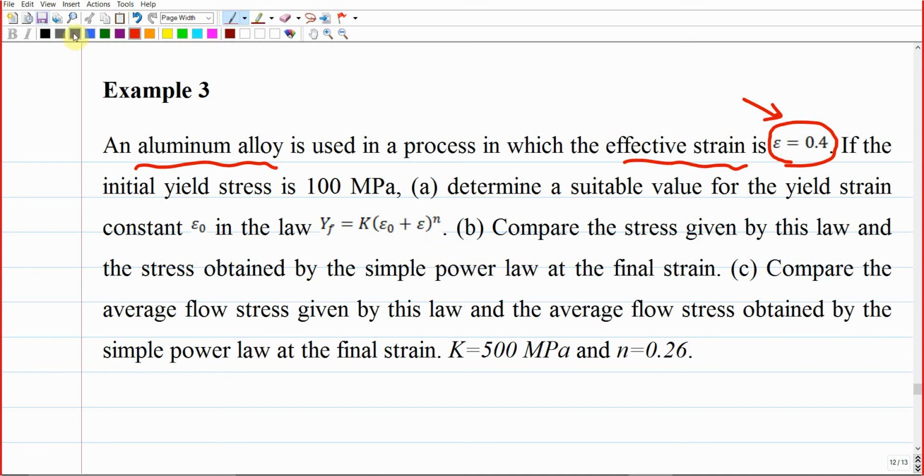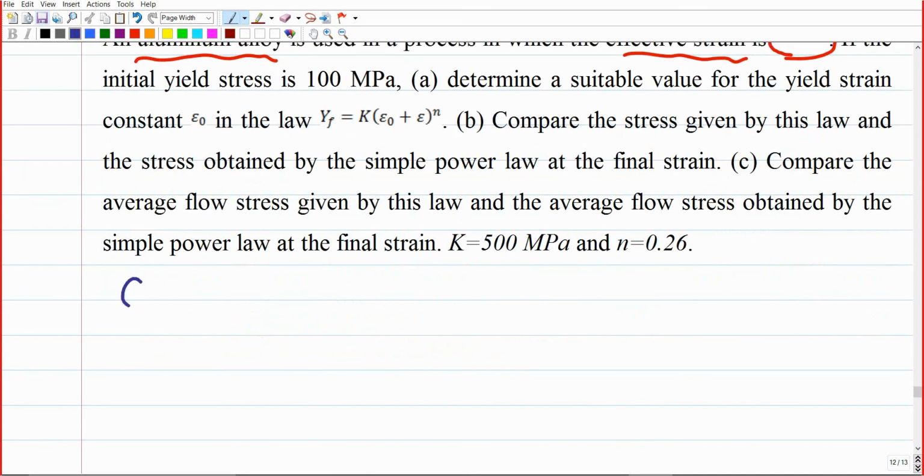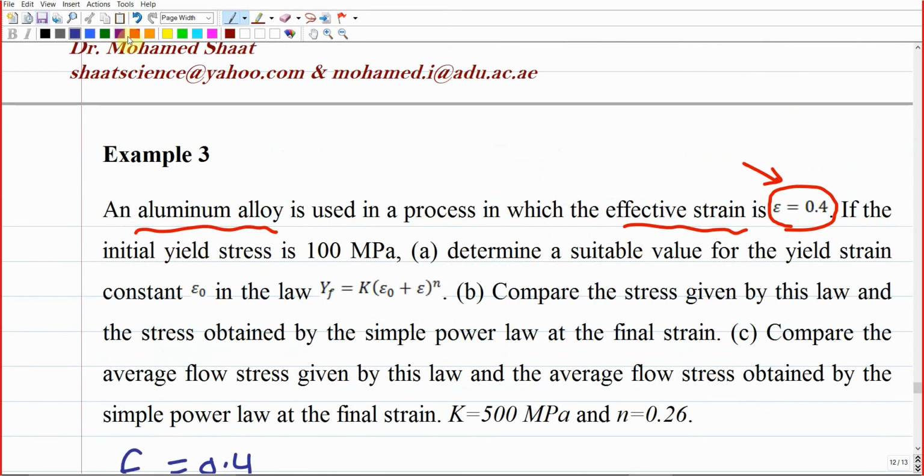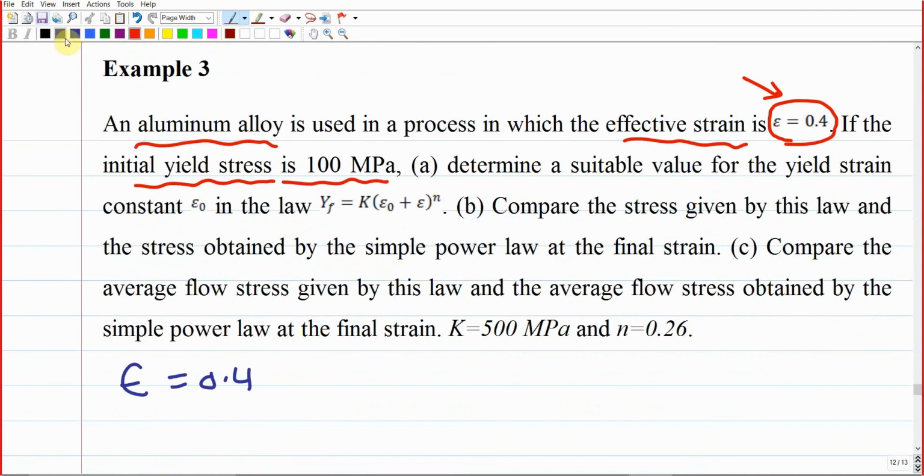This effective strain is the true strain that we're going to work with. This is the true strain that is already given as 0.4. Make sense? The initial yield stress, which is the yield strength of the material, is 100 megapascal. We agreed to use uppercase Y to refer to the yield strength of the material.